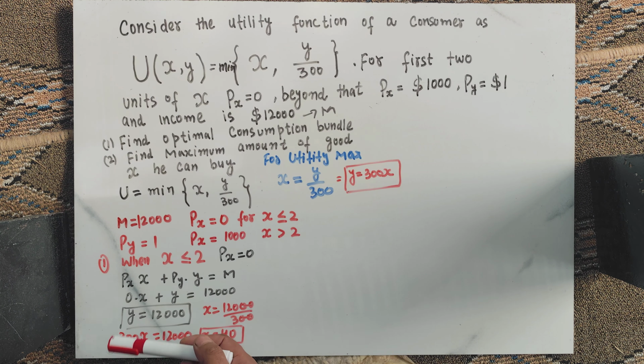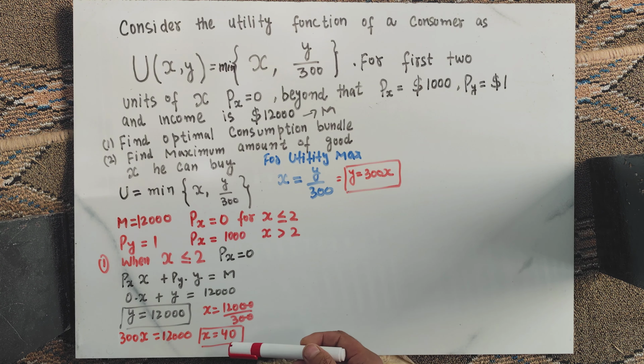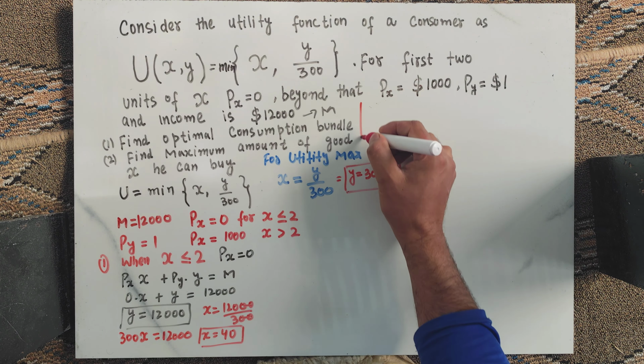But our assumption is that x is less or equal to 2, so this contradicts our assumption. That means this cannot be a utility maximizing bundle for good x. We don't need to care about good y, since x is not at optimality.